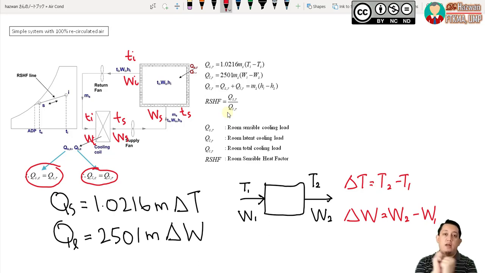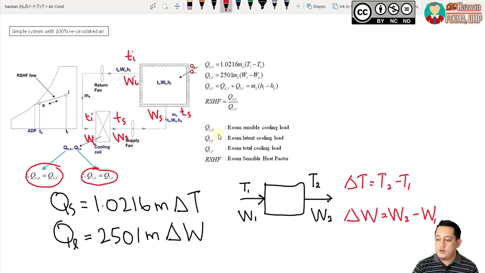Because we have two heats, latent and sensible, for the total heat we need to add them together. To calculate the total heat of the room, it is QSR plus QLR, where R represents room. Or we can use the mass flow rate multiplied by Hi minus Hs, which are the specific enthalpies before and after entering.